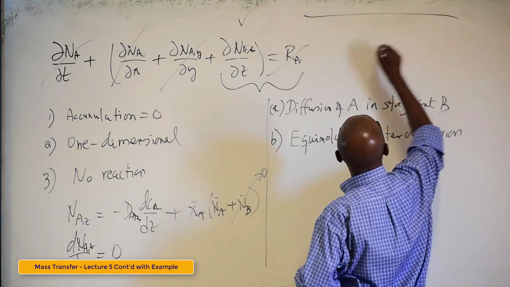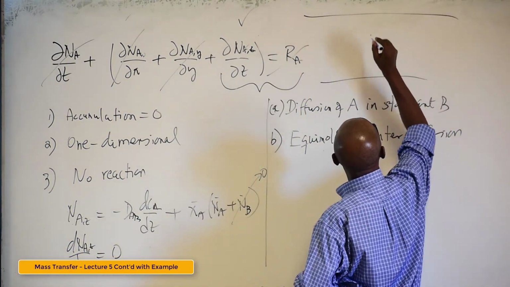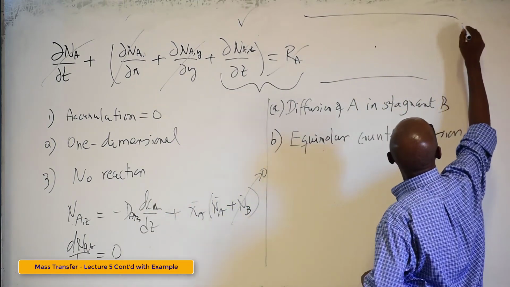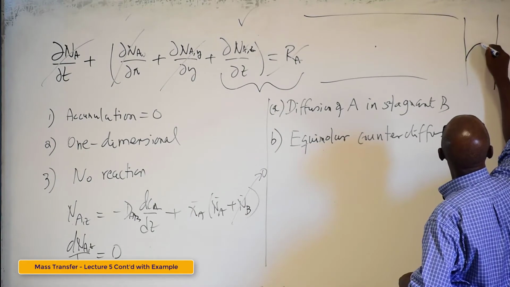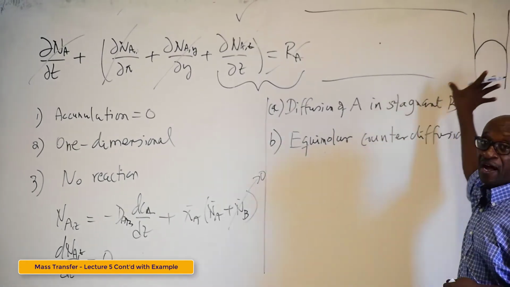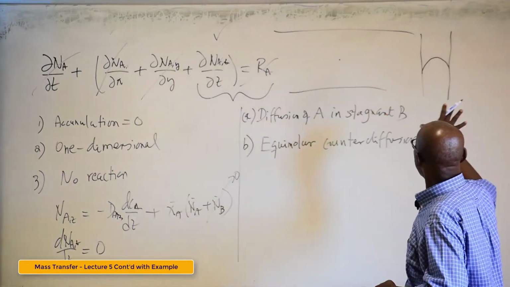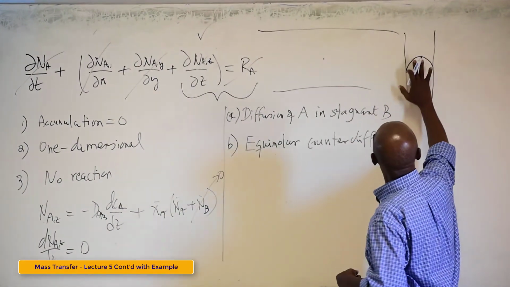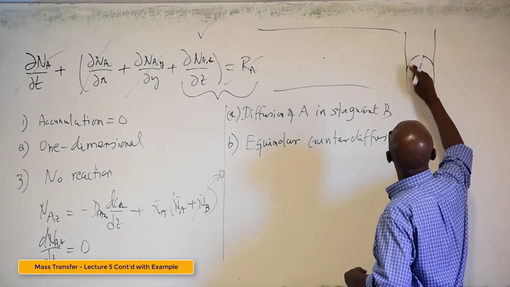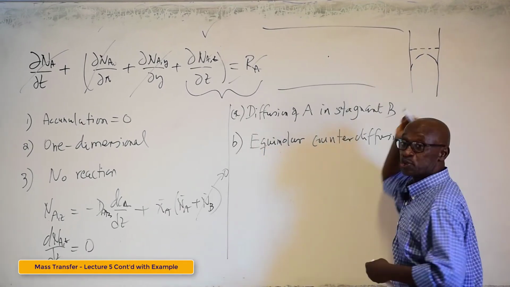So infinite like this, and then you go this way. So you end up with a profile that looks like this. Now, for the profile to look like this, it means that when you started off, the whole thing was, if you like, soaked.